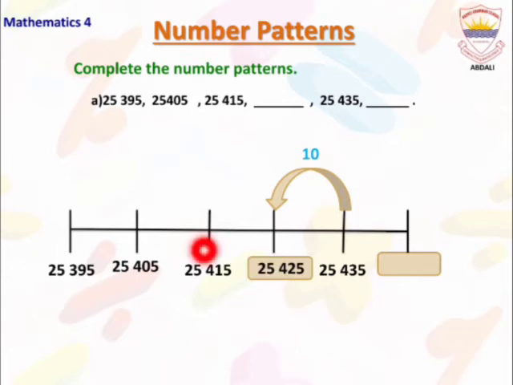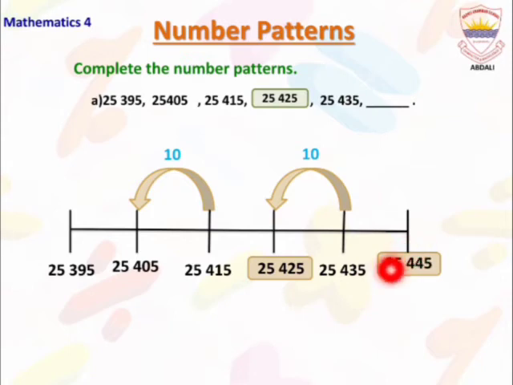When we add 10 to 25,415, we get 25,425. And students, when we add 10 to 25,435, we get 25,445.